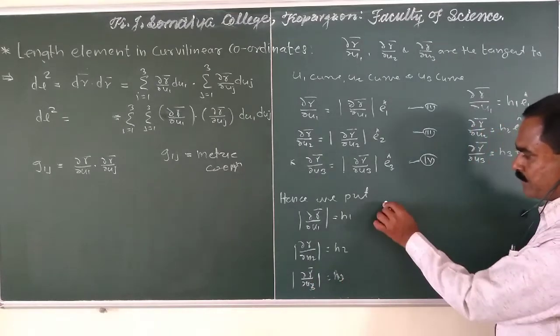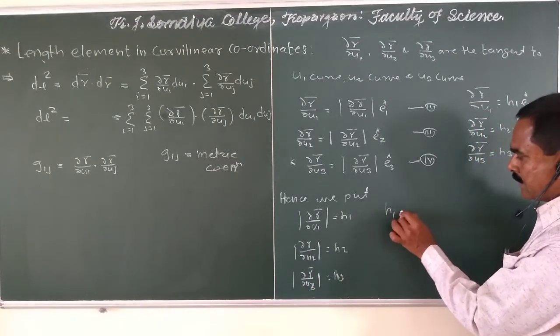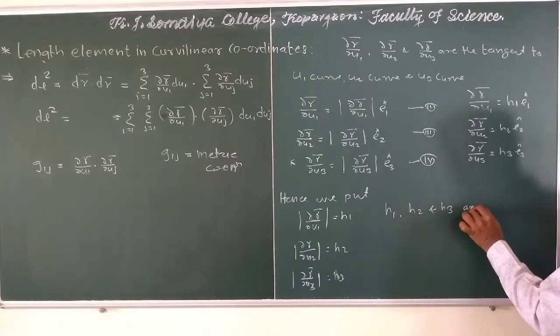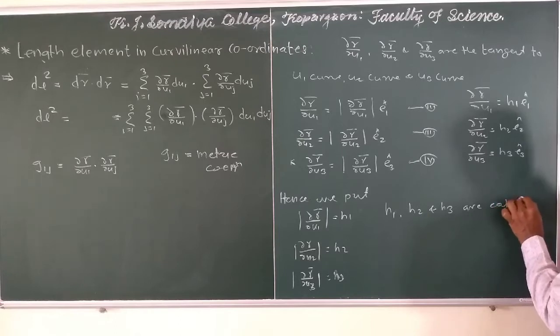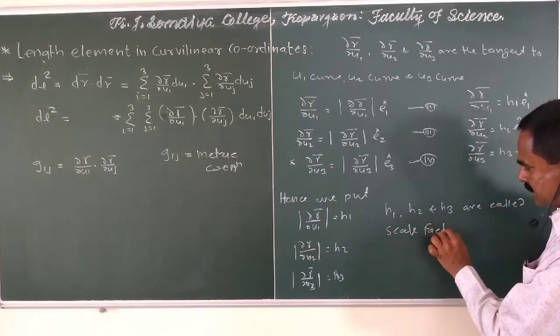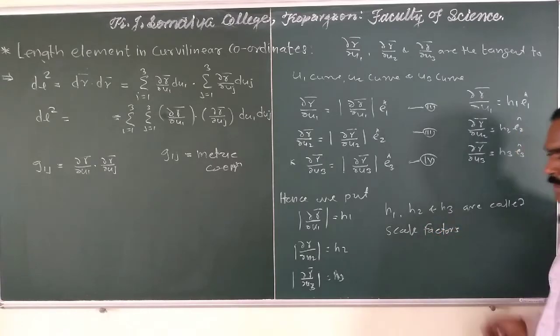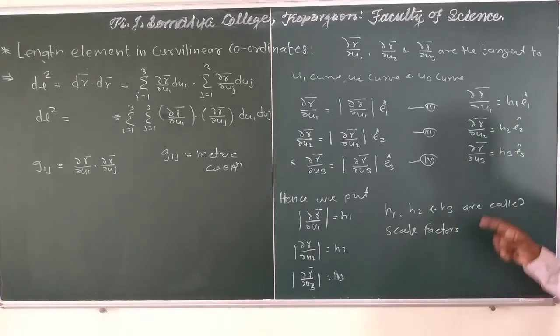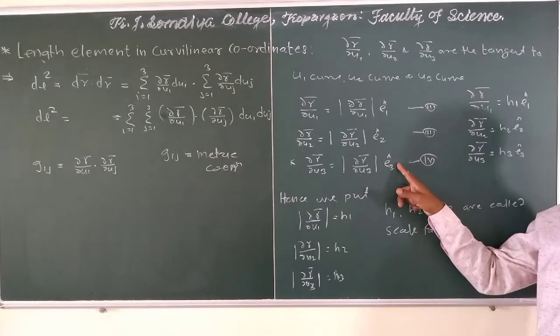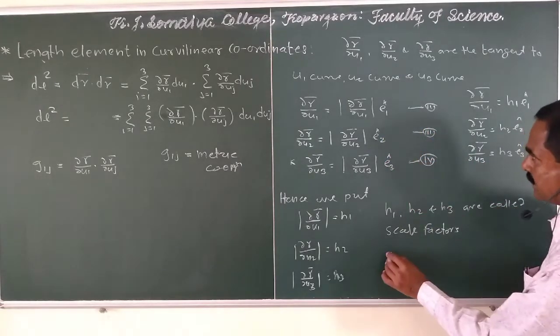So this h1, h2 and h3 are called scale factors. And this e1 cap, e2 cap and e3 cap are called unit vectors.